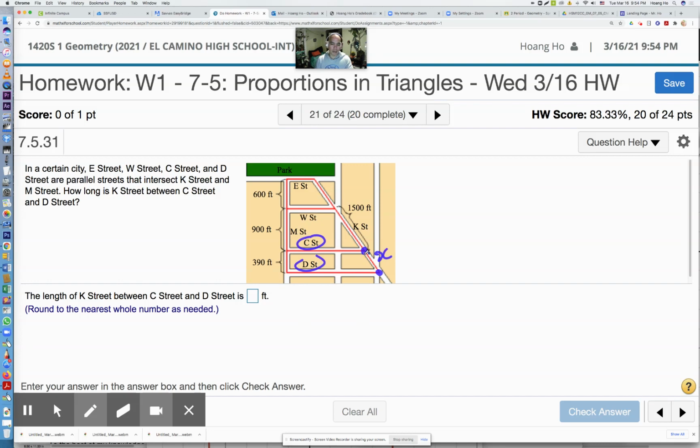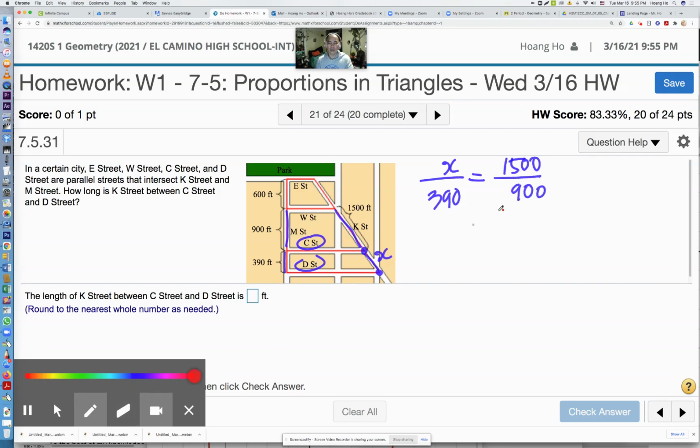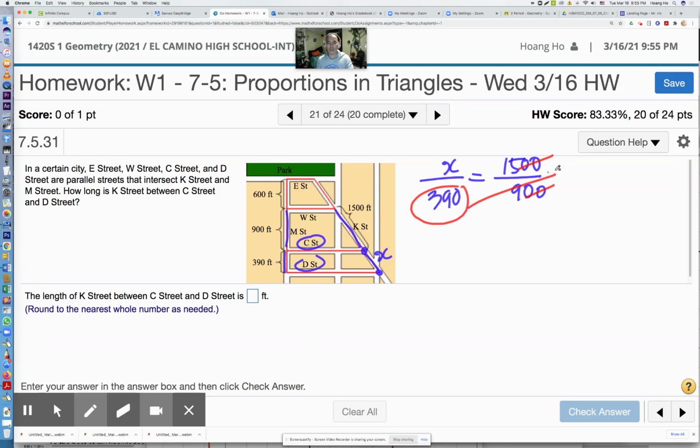How about I set up X over 390 equal 1500 over 900. Look at over here, the number is not that big. 1500, can I simplify? Cross multiply 390 to the other side. So I get 15 over 9 and then multiply with 390.